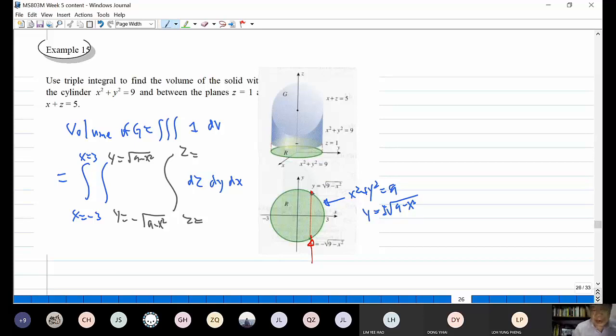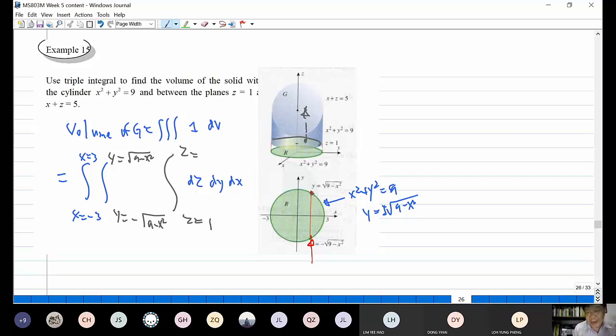Okay, now after I finish that, let's look at the possible z now. Remember, this solid is hanging in mid-air. z equals 1 is the smallest value. What is the largest value you can get? You go up from z equals 1 until you hit the surface and stop.